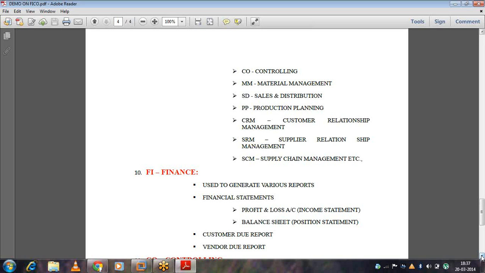If management wants to take decisions related to financial activities, it needs to have some reports, correct? Whatever reports the organization wants, in the required fashion or pattern, can be generated using the finance module, and using those reports, management will take decisions related to financial activities of the business.